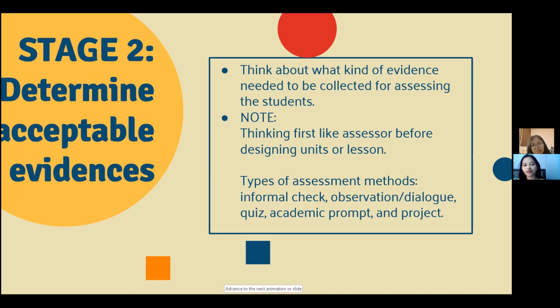So from the previous example, you have already determined the goals, and then you can determine what kind of assessment that you can give to the students to know that they really get the abilities or the goals.